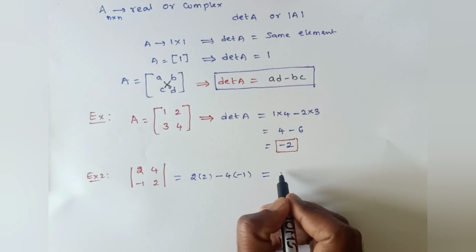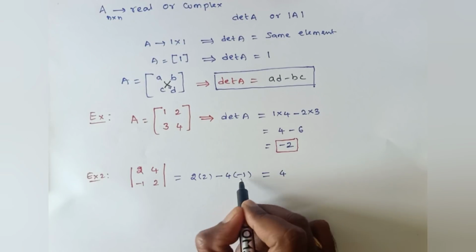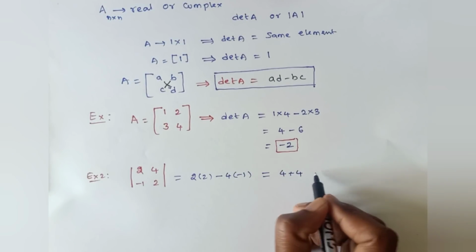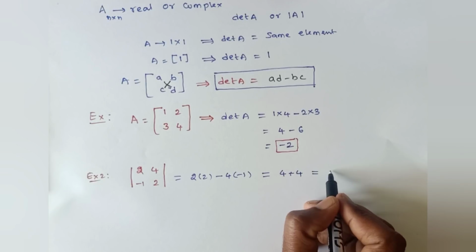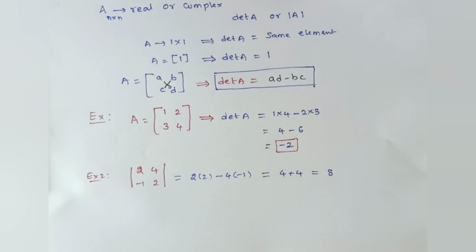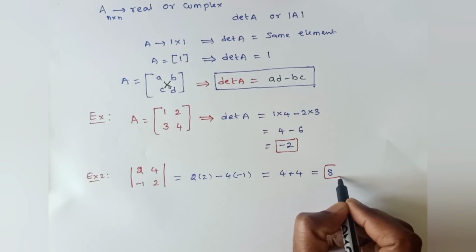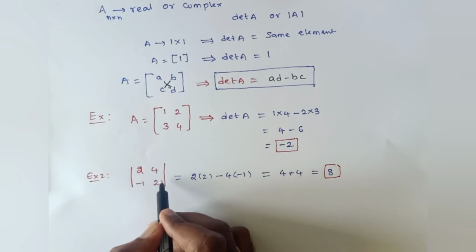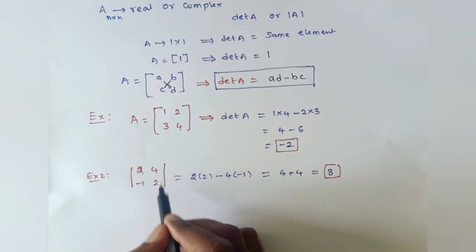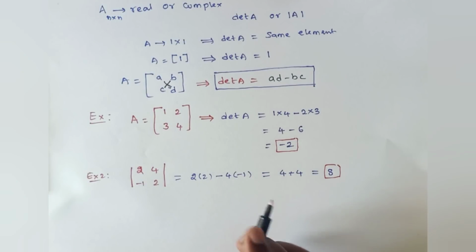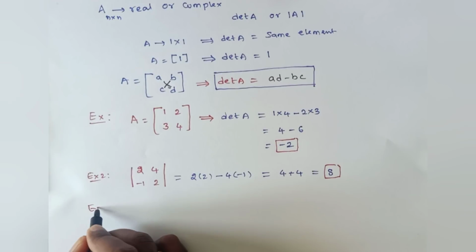That is 4, minus into minus is plus, so 4 plus 4 is 8. So the determinant of this matrix is 8. Here we can denote the determinant of the 2 by 2 matrix like this, det of the entries. And let's see one more.